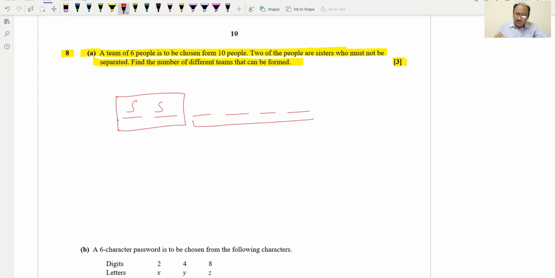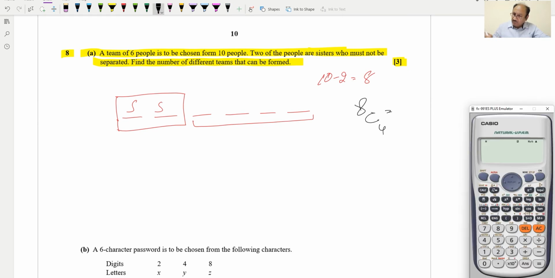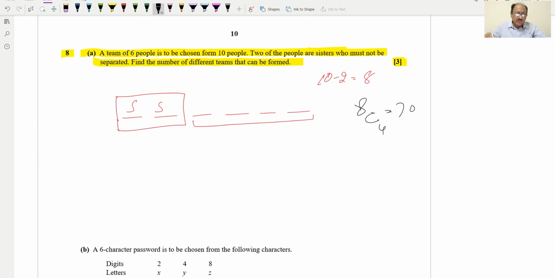From 10 people minus the 2 sisters, there will be 8 people, and out of 8 people we have to choose 4, so 8C4, and 8C4 will be equal to 70.